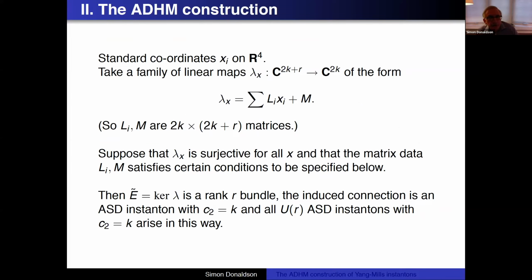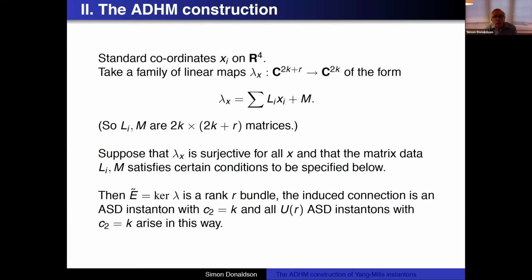But one of the attractive features of their solution is that while it goes through sophisticated mathematics of different kinds, the actual answer can be expressed rather simply. So let's, without more ado, outline what the answer is. We'll work on R4, standard coordinates x_i.